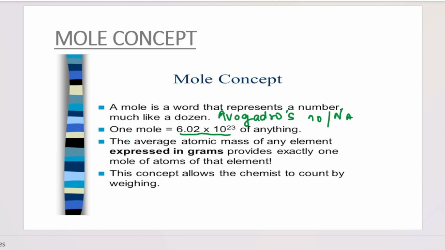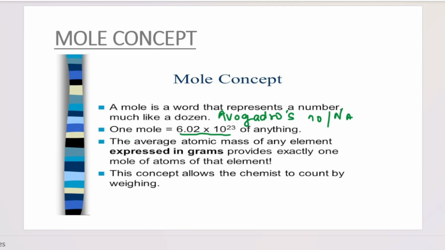It can be anything. If we are talking about apples, 1 mole of apples represents 6.022 into 10 raised to 23 apples. If we are talking about atoms, 1 mole of atoms represents 6.022 into 10 raised to 23 atoms.